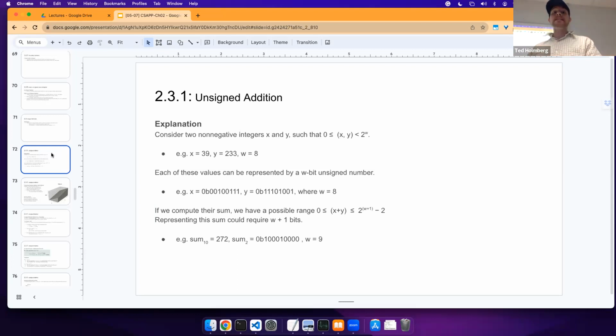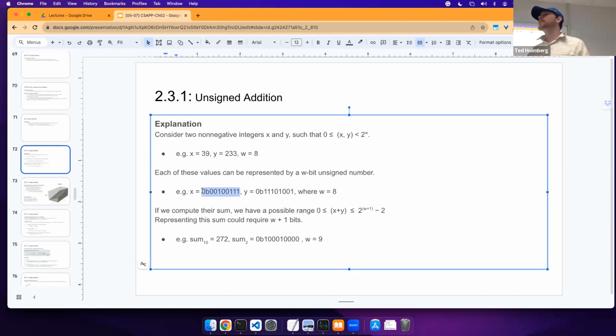Okay, so with that said, suppose I had the values of 233, word size of 8, right? And the value of 39, word size of 8. Both of those I can encode. And in fact, the encoding of those is right here. Whenever I preface 0b in front, that just means that's my binary vector, my binary string representation of that value.